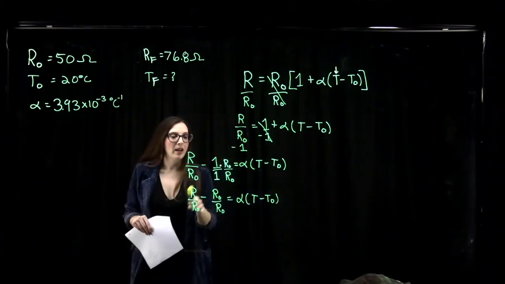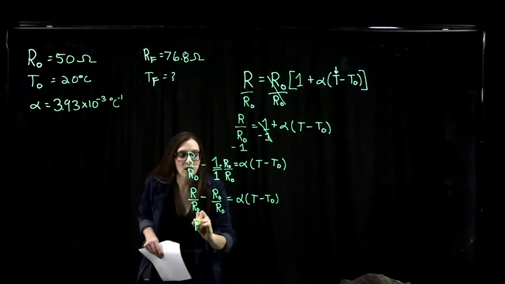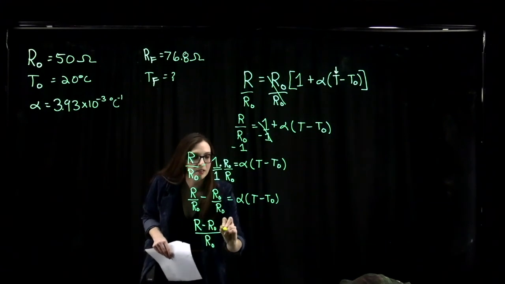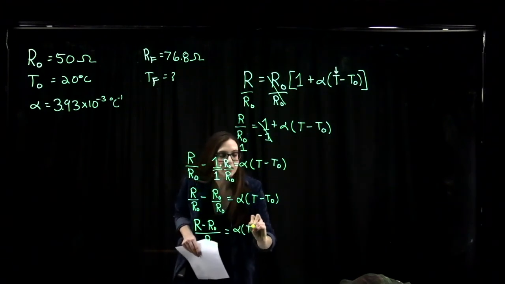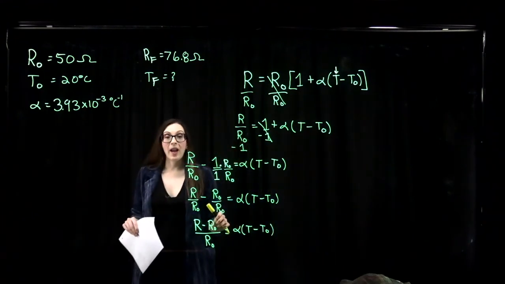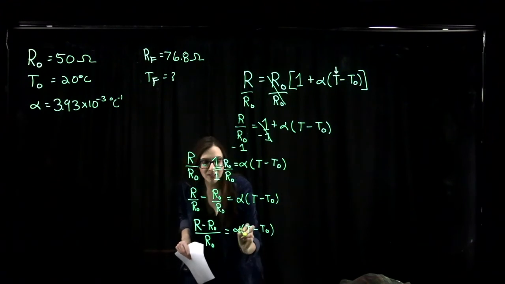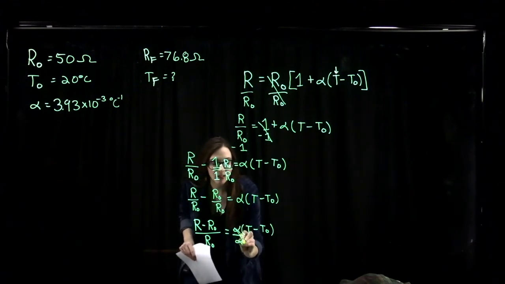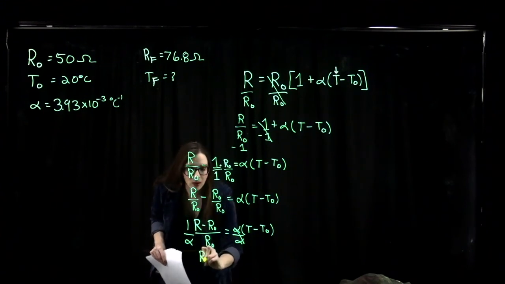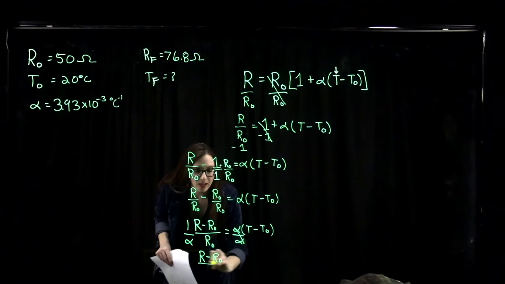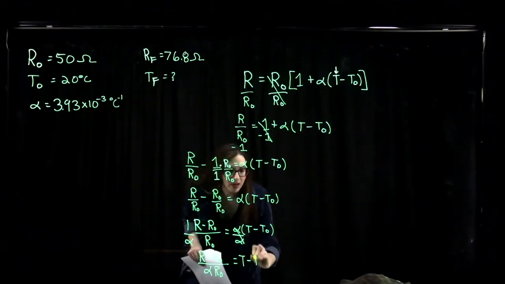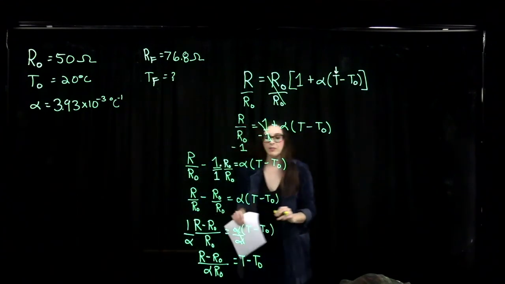So we can combine this so that it says R minus R naught over R naught equals alpha times T minus T naught. Now I have to divide both sides by alpha. When I do that, I divide this side by alpha. If I take 1 over alpha here, essentially, I've got R minus R naught divided by alpha R naught, and that equals T minus T naught, okay?